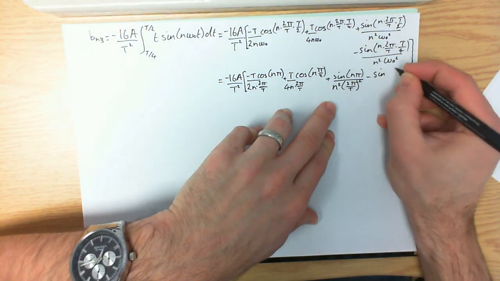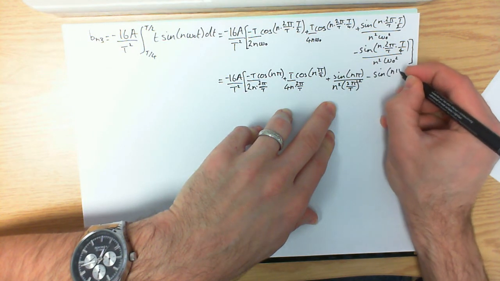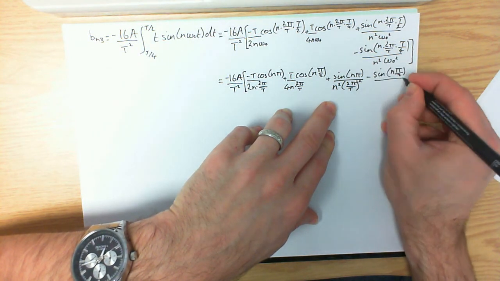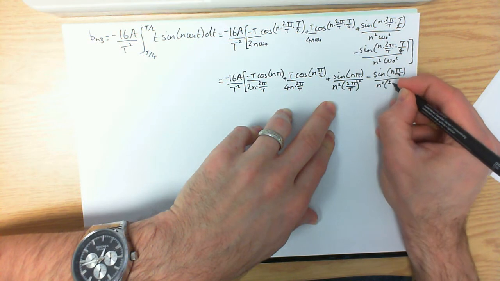And finally we've got the minus sine of n pi by 2 over n squared.